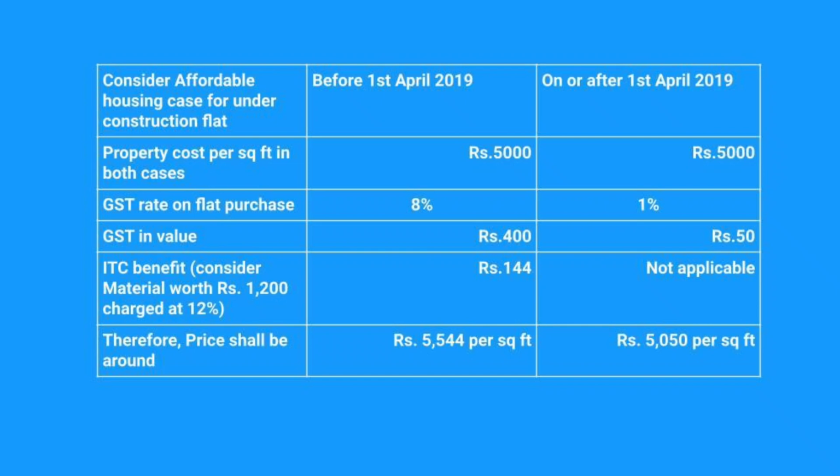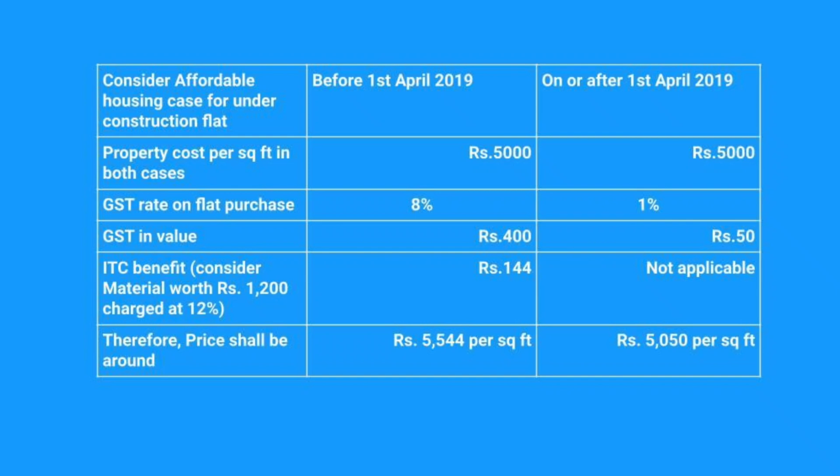The ITC benefit will be considered on a material worth Rs 1,200 charged at 12%, that is Rs 144, before 1st April 2019, and it is not applicable in cases on or after 1st April 2019 because ITC cannot be availed in that case.